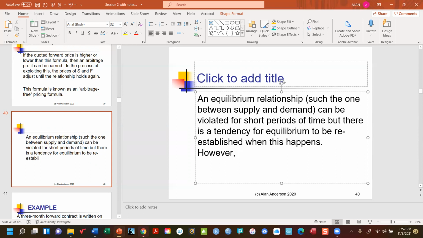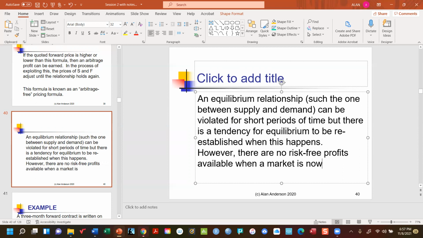However, there are no risk-free profits available when a market is not in equilibrium.